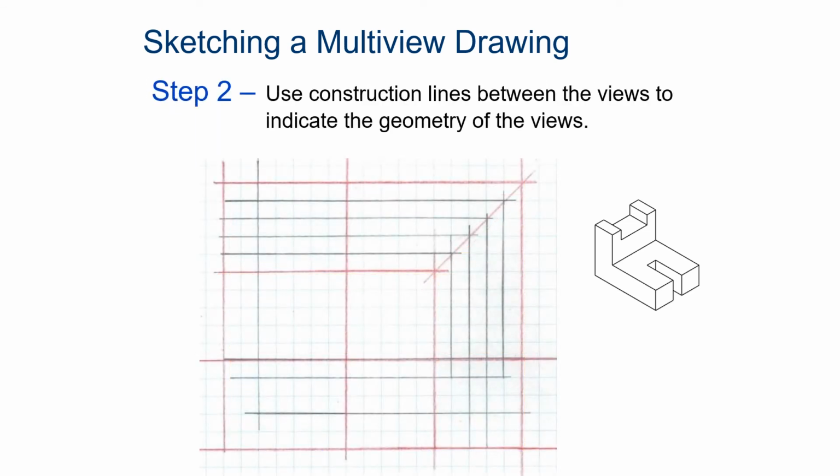Step 2 is to use construction lines between the views to indicate the geometry of the views. I'll have another video of me doing the L shape, but basically what they did was they laid out what this front view is going to be, and then you take your construction line and put it all the way across. And you take this construction line, you put it all the way across here, and this will dictate what the rest of your views are going to look like. So this line needed to be there.